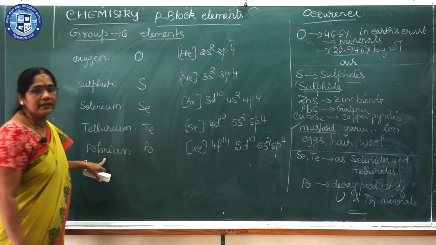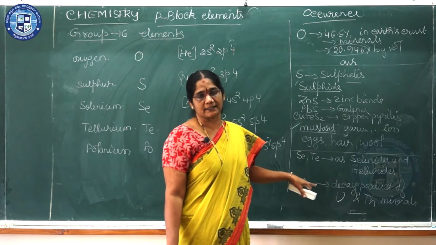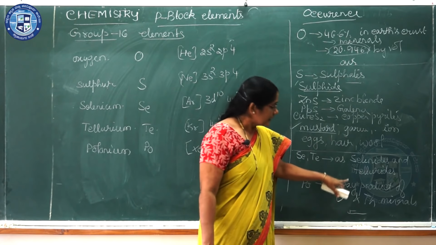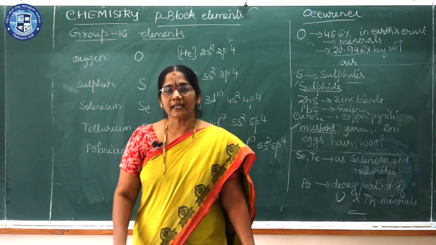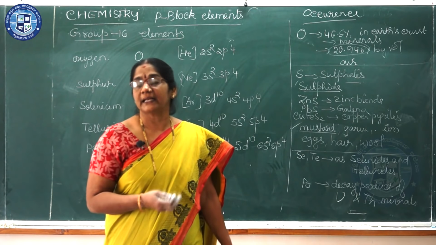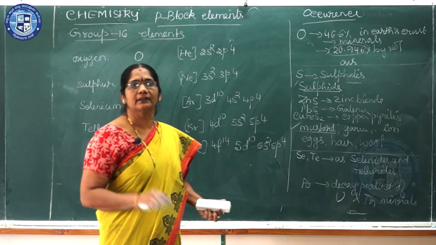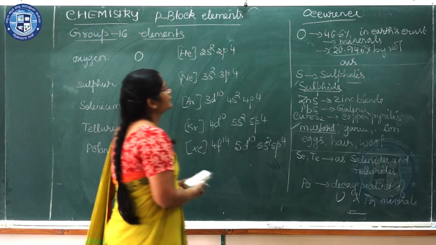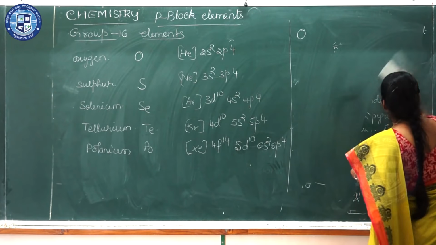Then polonium is a metal which is radioactive and is obtained as the decay product of uranium or thorium minerals. Polonium is radioactive, short-lived, with a 13.8 days half-life. So this is about the occurrence of these elements in nature.